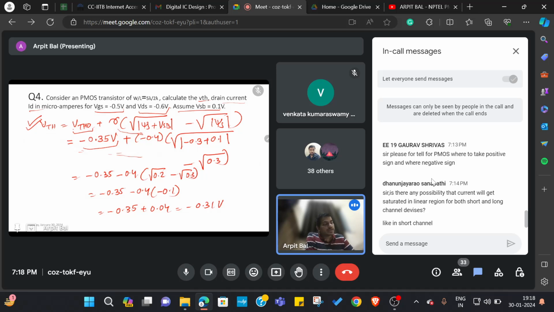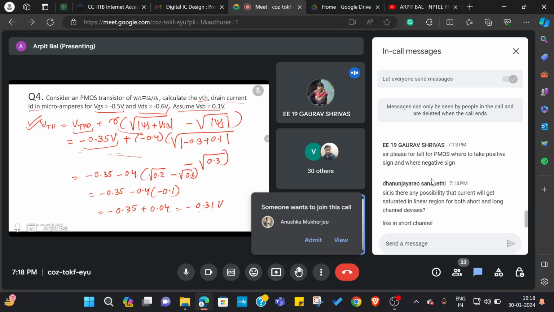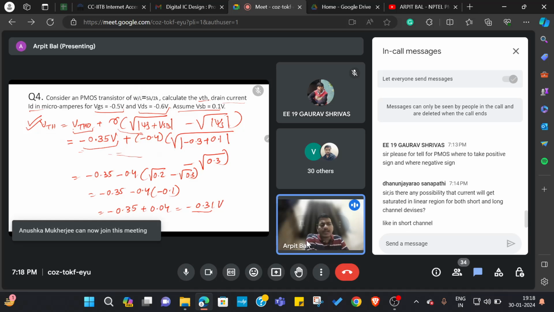Same thing, mod psi S was given as 0.3, so I took psi SP is equal to minus 0.3. And then I solved. So is that question clear regarding where to take positive and negative for PMOS?